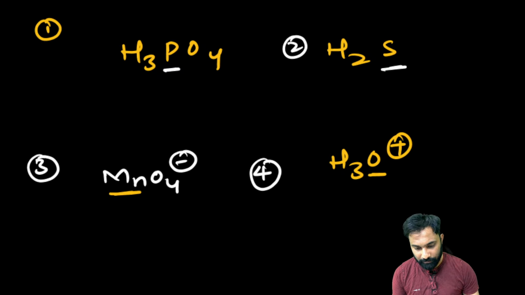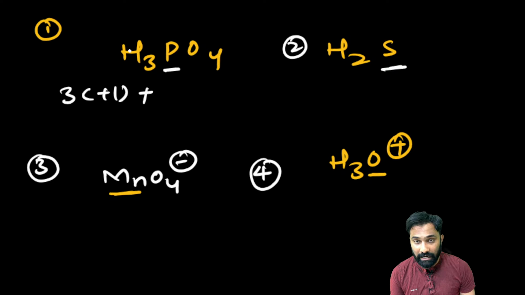Now we'll see here the phosphorus oxidation number, right? Now how many atoms do we have? You have to write 3 + 1, because hydrogen is attached to the more electronegative phosphorus, right? And it is X, because actually it will be attached with the oxygen.